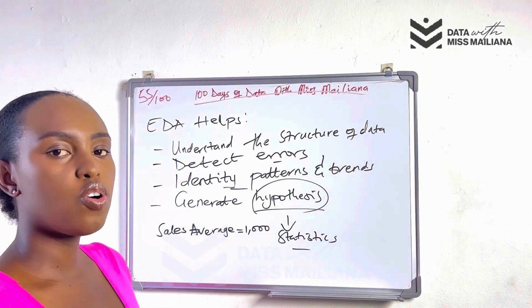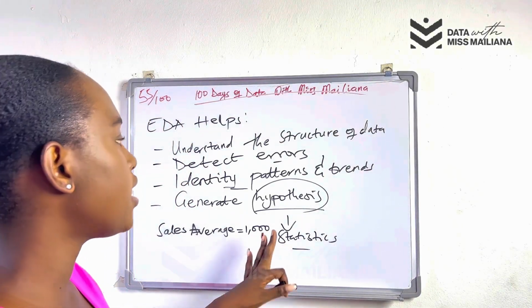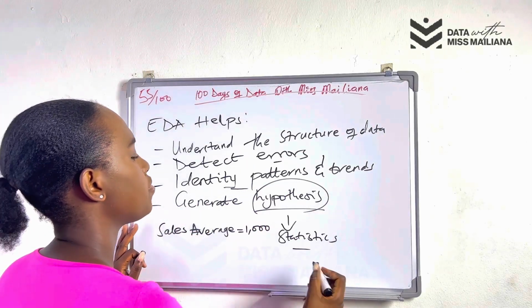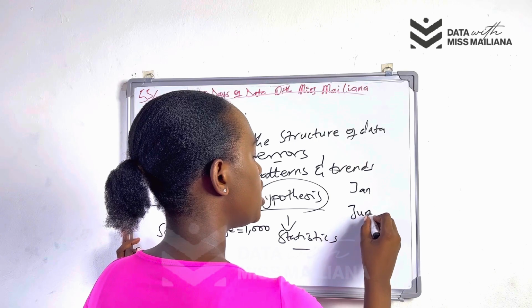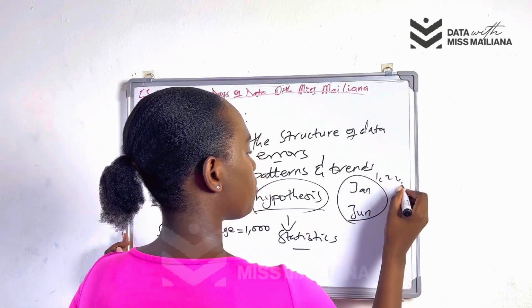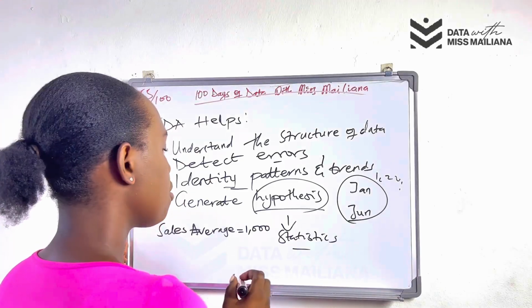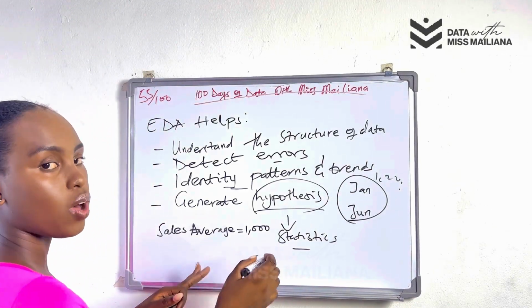So you realize that when you did the trends and patterns, from January to June, the average is around 1,006, something like that, right? So you'll be like, okay, so that means sales average is relatively equal to 1,000.